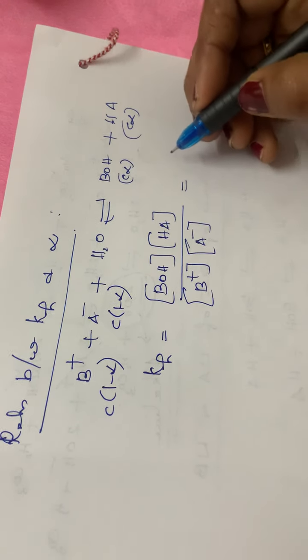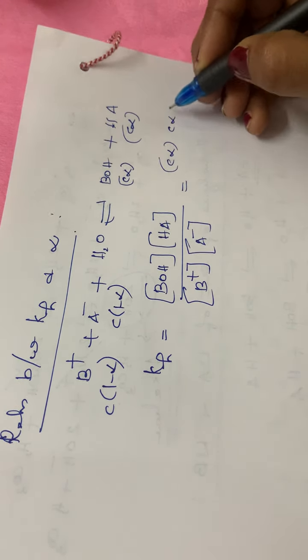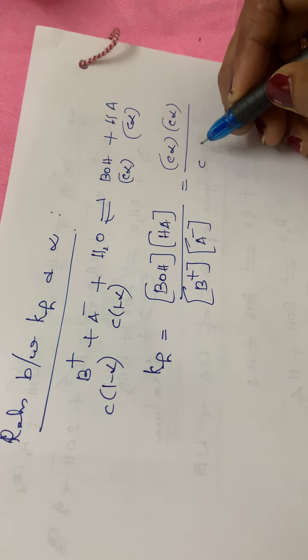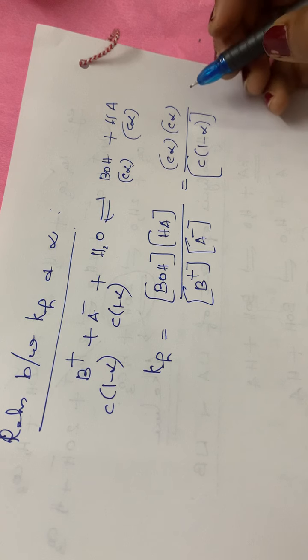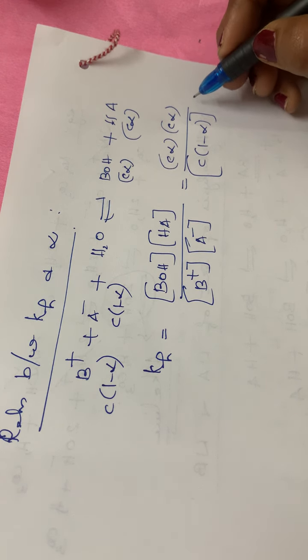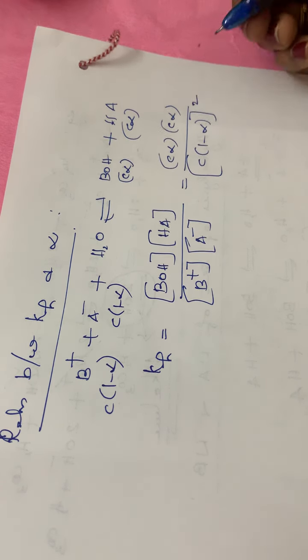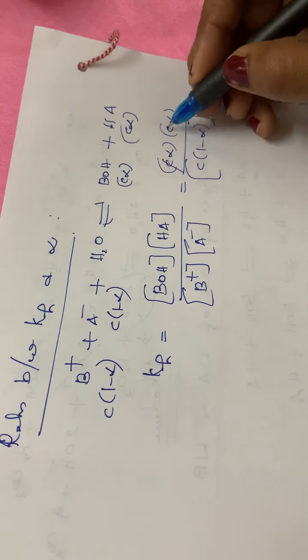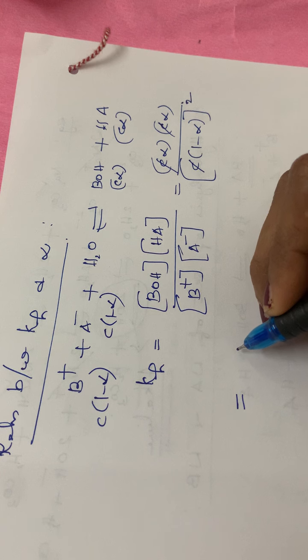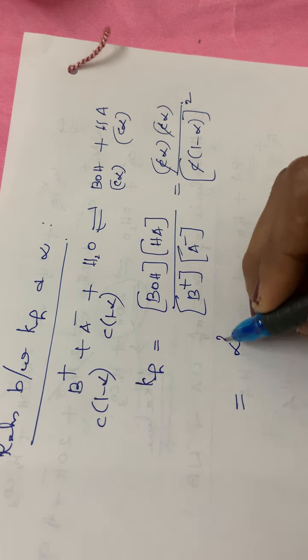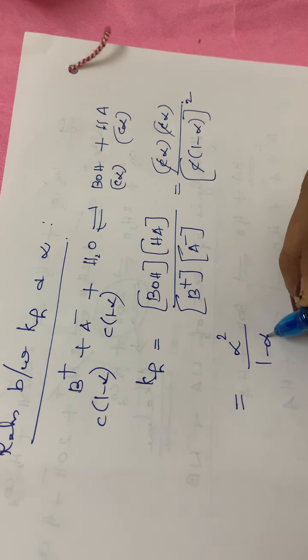Then, C alpha into C alpha divided by C into 1 minus alpha the whole square, or C into 1 minus alpha into C into 1 minus alpha. So the C's got cancelled, and KH is equal to alpha square divided by 1 minus alpha the whole square.